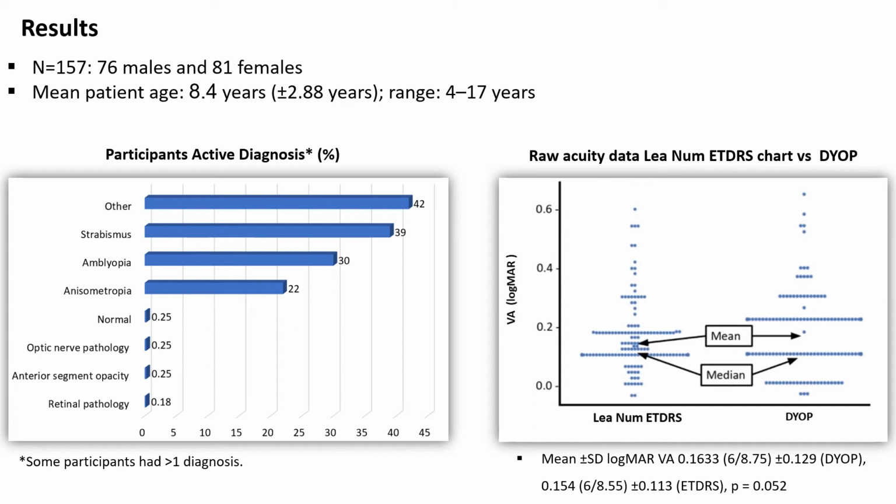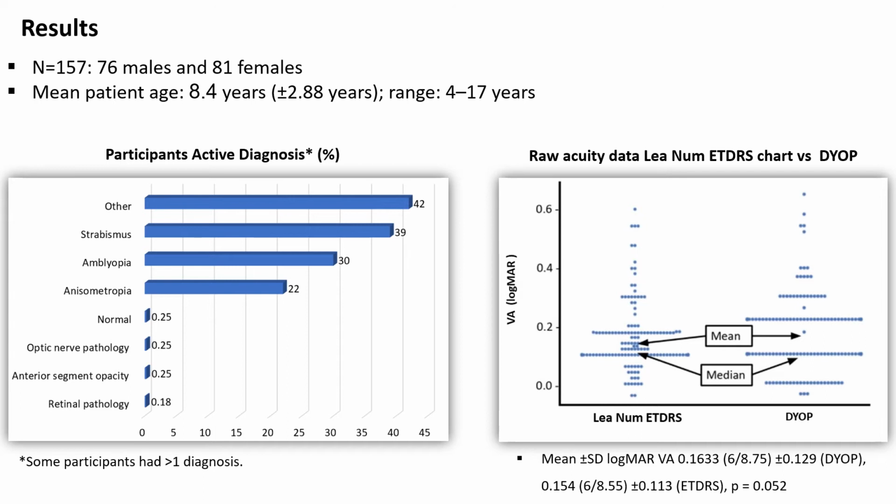As we can see in the left diagram, there was a representation of different types of patients which we can see at the pediatric ophthalmology clinic, and it was quite a representative population. To our right, we can see the raw acuity data of the Lea ETDRS numbers versus the DYOP.